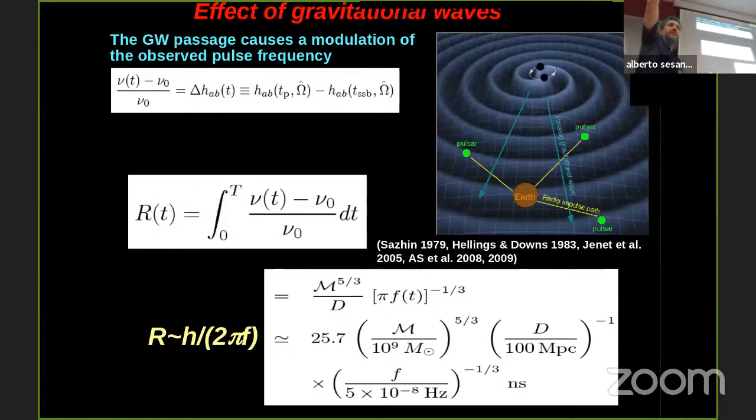You look at the pulsar, you take a time of arrival, then you do something else with the radio telescope, and, I don't know, two weeks later you go back to the same pulsar. So the maximum frequency you can probe is essentially dictated by the cadence of your observations. With this technique, we can see gravitational waves between nanohertz and microhertz. And this is where we are sensitive to the slow adiabatic inspirals of supermassive black hole binaries.